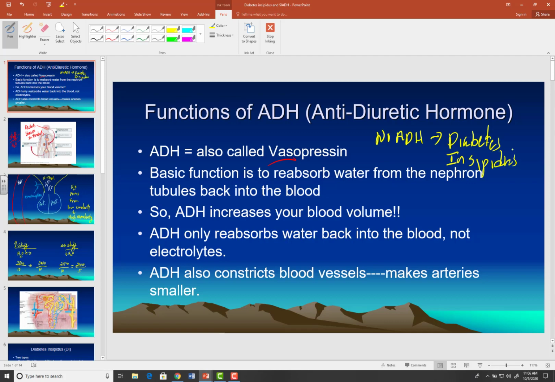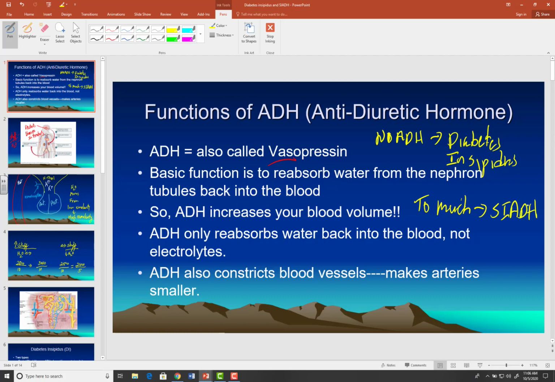Now, if you have too much ADH, right? So no ADH, diabetes insipidus. Too much leads to syndrome of inappropriate ADH secretion.